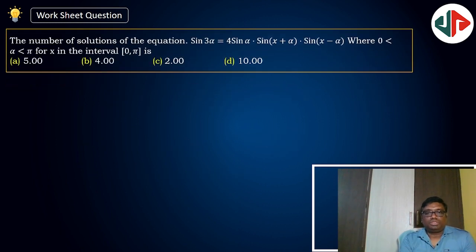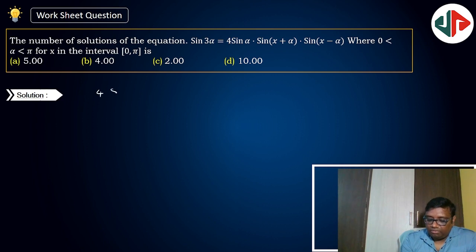The number of solutions of the equation sin 3 alpha is equal to 4 times sin alpha into sin of x plus alpha into sin of x minus alpha, where 0 is less than alpha less than pi. Then what are the values? How many solutions will exist? Sin 3 alpha, what can I write? 3 times sin alpha minus 4 sin cube alpha.